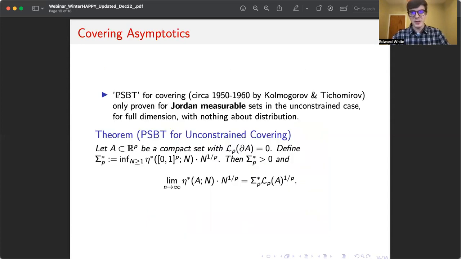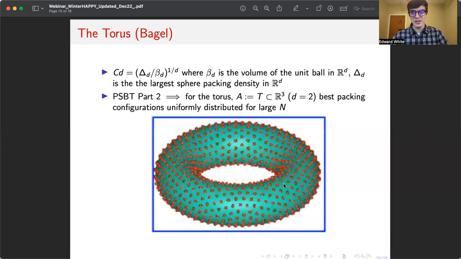Okay, so a version of the Poppy Seed Bagel Theorem had actually been proven by Kolmogorov and Tikhomirov, but only in the case of Jordan measurable sets, only in the unconstrained case, and for full dimension, with nothing about the distribution. The distribution we get is that the points should be roughly equal relative to the surface measure of whatever manifold we're considering.